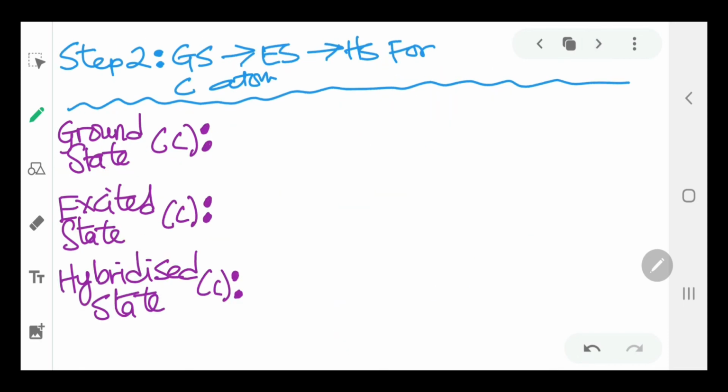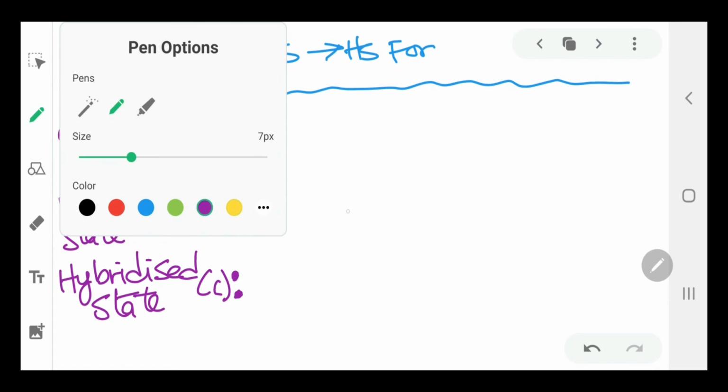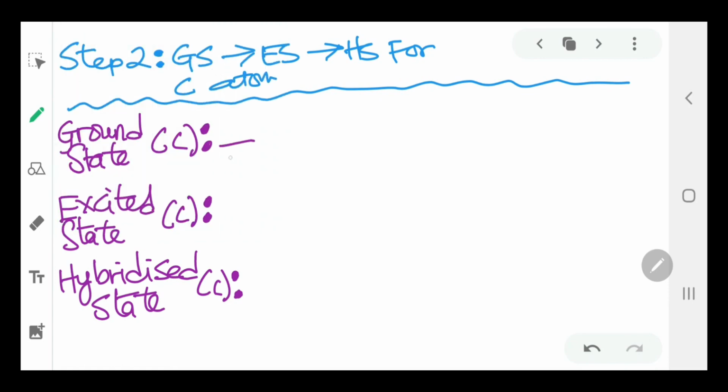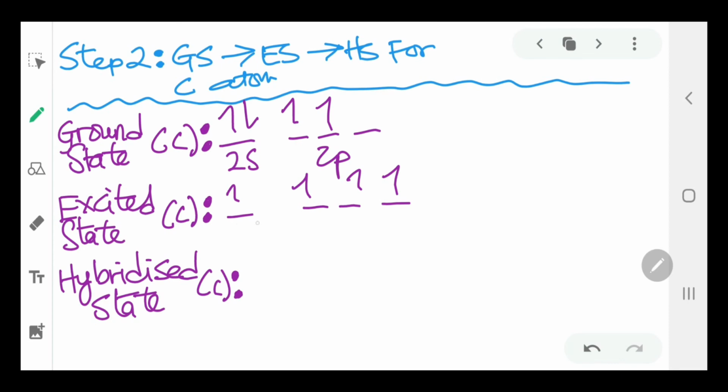Now, the ground state. We have 2s, 2p, 1, 2, 3, 4, and it needs 4 unpaired electrons, so we're going to excite that. 1, 2, 3, 4.